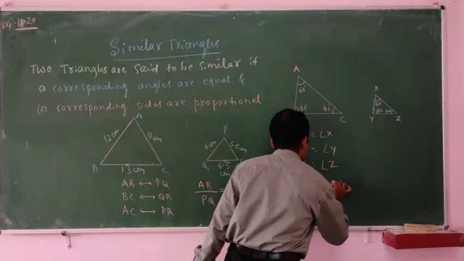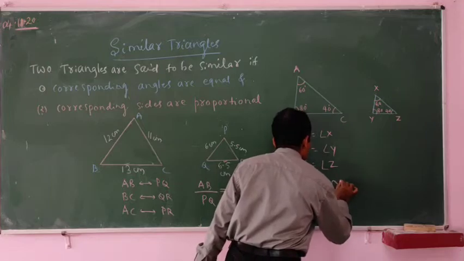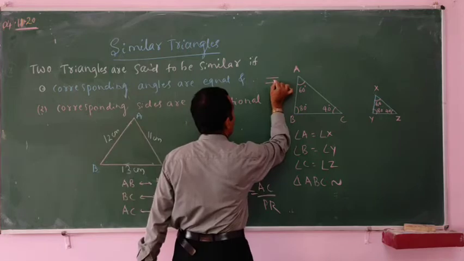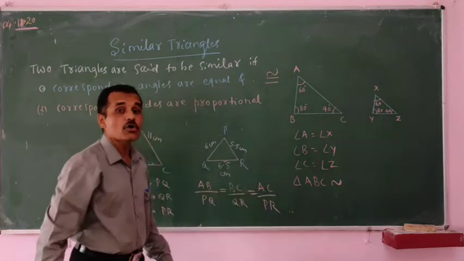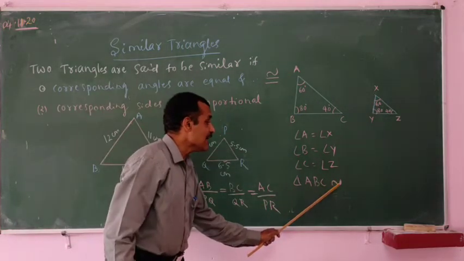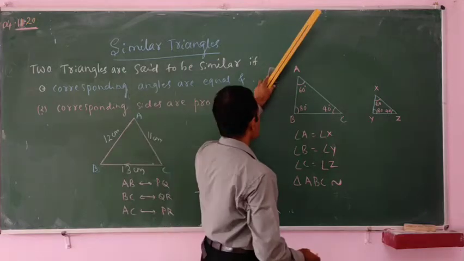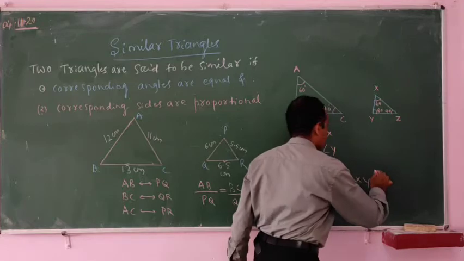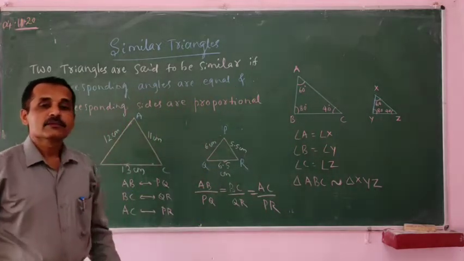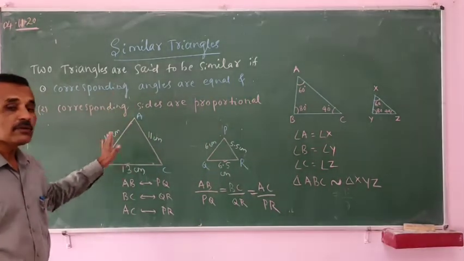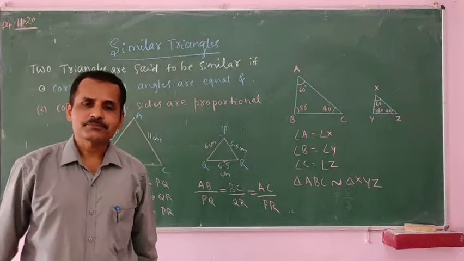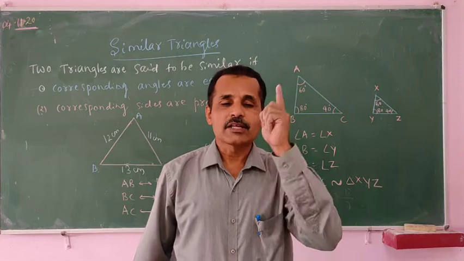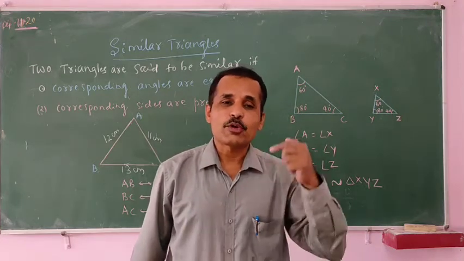See, this is the symbol we are using for similarity. You may know this was the sign for congruency; we use this one for similarity. Triangle ABC is similar to triangle XYZ. This much you should remember: two triangles are said to be similar if the corresponding angles are equal and the corresponding sides are proportional.